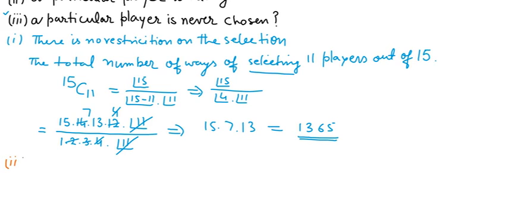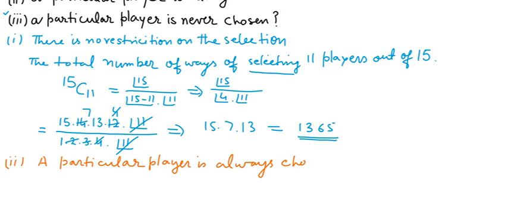Now see the second part. In second part, a particular player is always chosen. It means here we have not to choose 11.